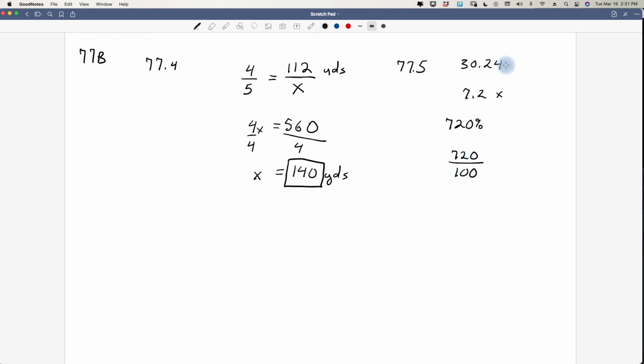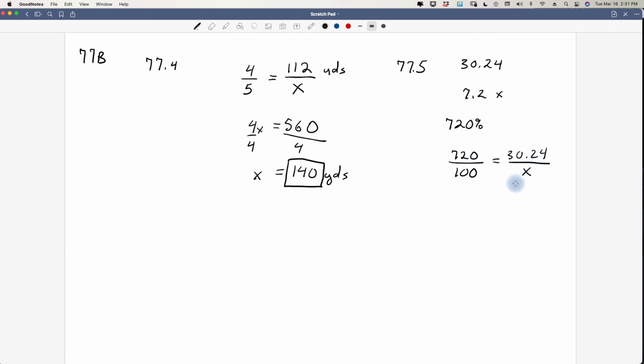And we know that 30.24 equaled 7.2 times, so 30.24 equaled 720%. So we put the 30.24 in the 720 section. It's equal to the 720.